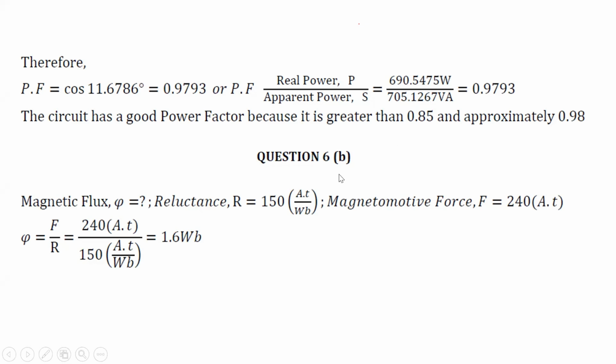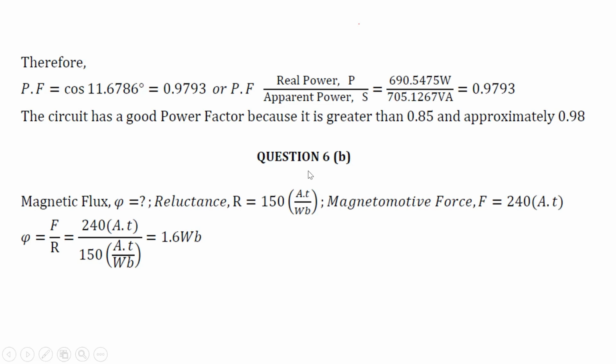Please, power factor does not have a sign. It does not have any SI units. A power factor like this is a good one, and the circuit is a good circuit. The minimum a power factor can go is 0.85. So anything above 0.85 means that the circuit is a good circuit.